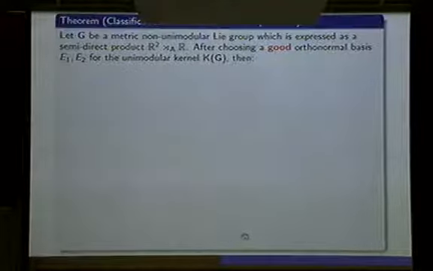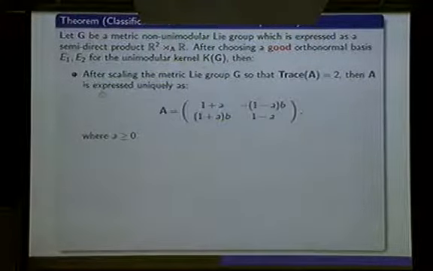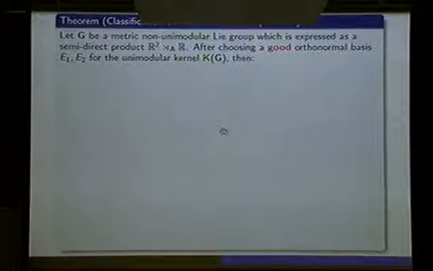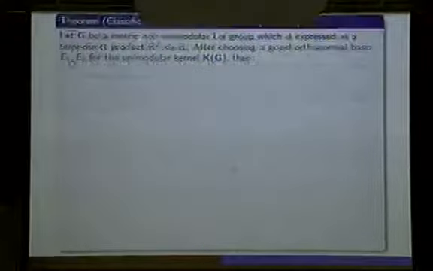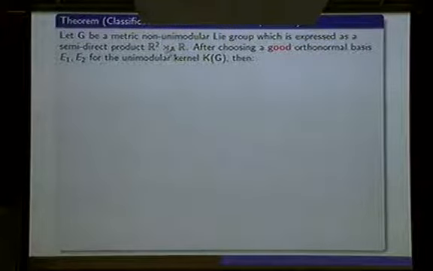So now the classification theorem is, if you have a metric non-unimodular group, it can be expressed this way, with respect to a good basis for the unimodular kernel. Then we want to say, to what extent can we make this matrix standard? So think of going the opposite direction.